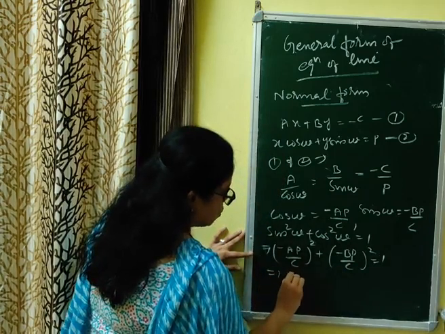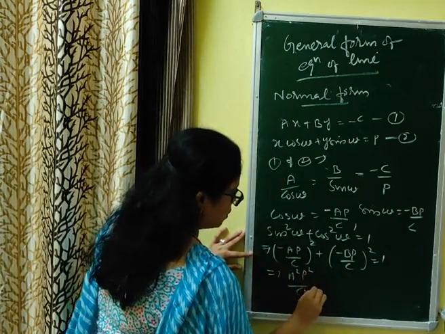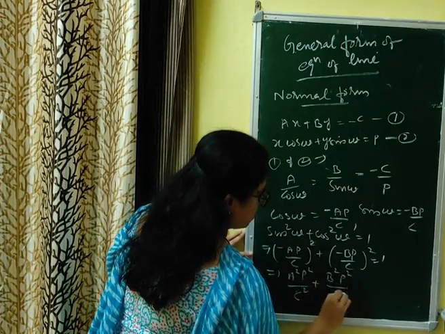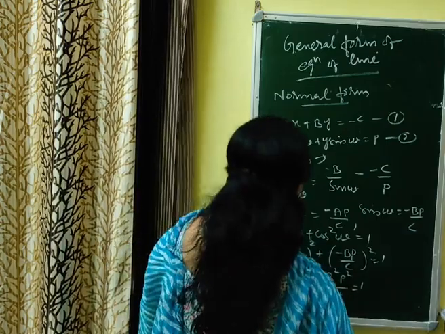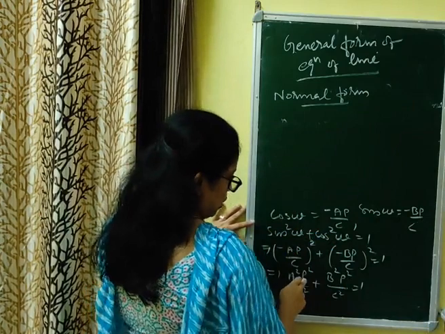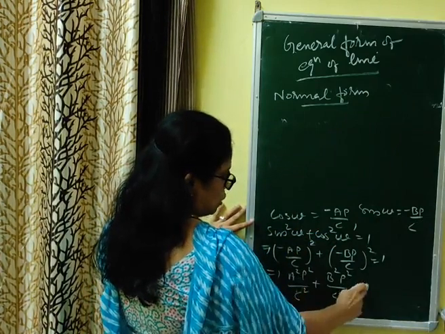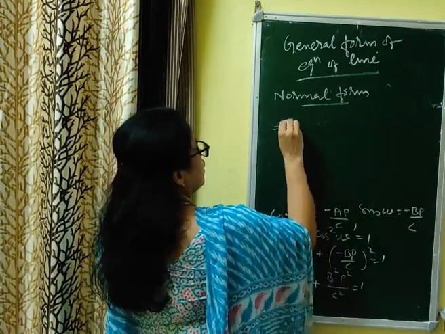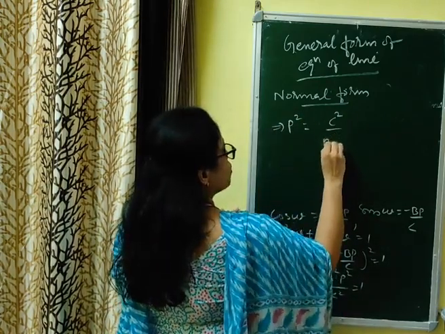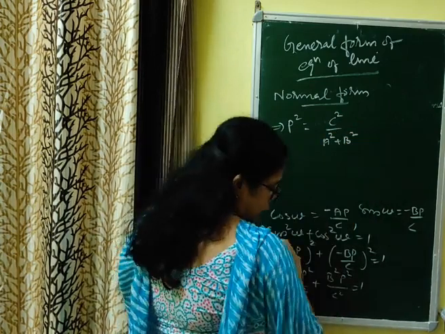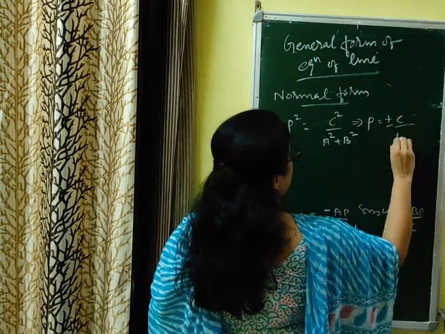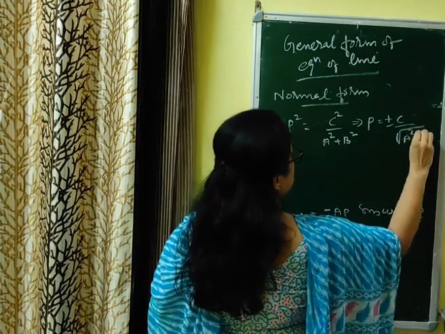That is a square p square by c square plus b square p square by c square is equal to 1. From this, you can find the value of p square. I am not showing all steps. p square is equal to c square upon a square plus b square. That implies, by taking square root, p equals plus or minus c upon root a square plus b square.